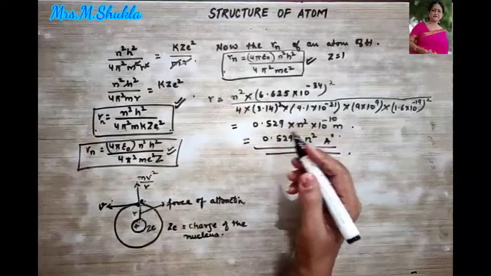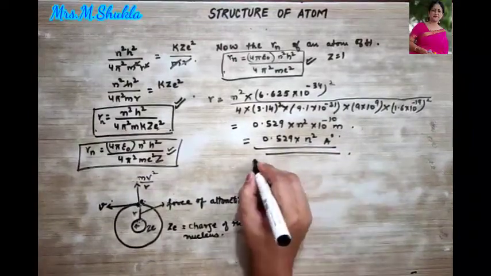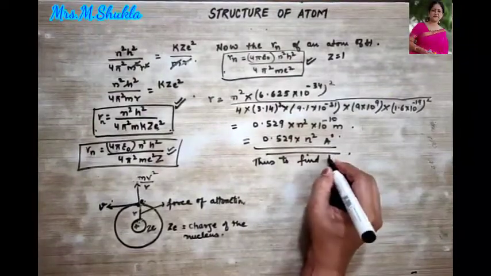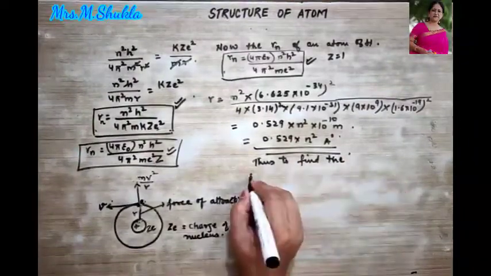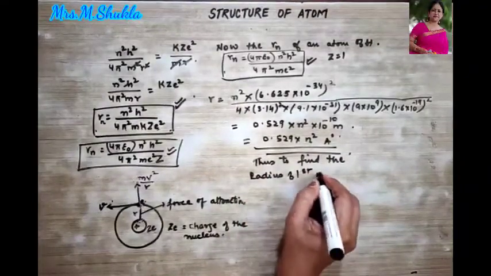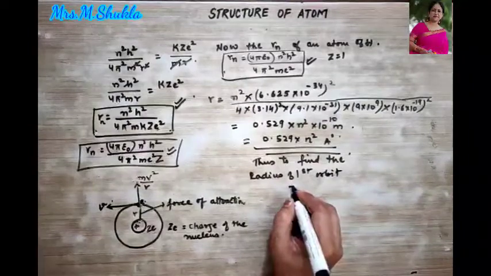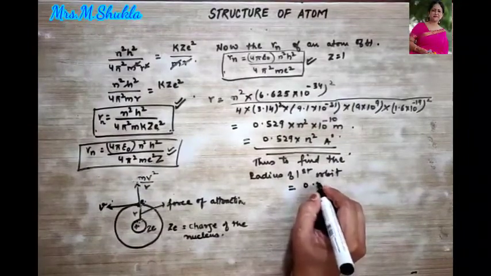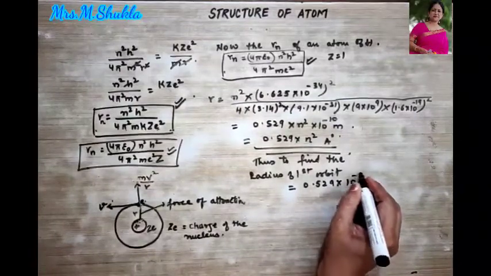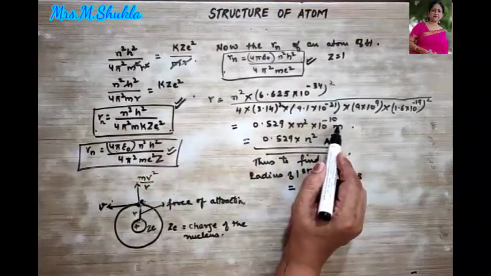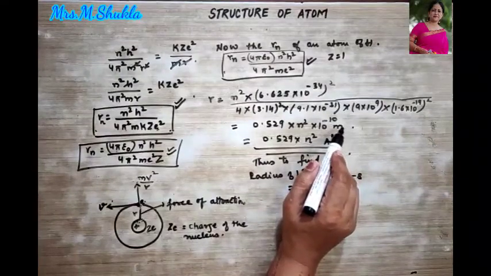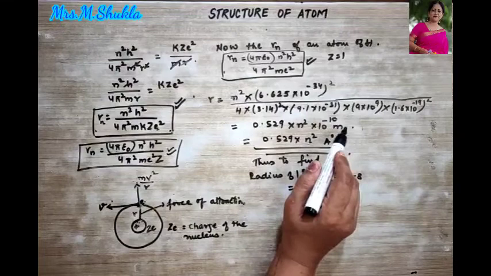Now let us do certain calculations. To find the radius of the first orbit, what formula are we going to use here? 0.529 into 10 to the power minus 8, or if we are using 10 to the power minus 8, then it will be centimeter.